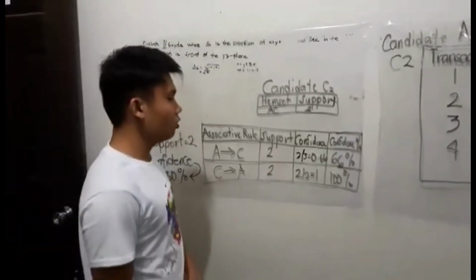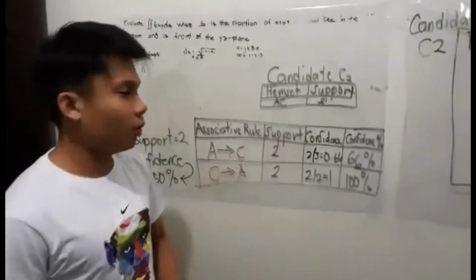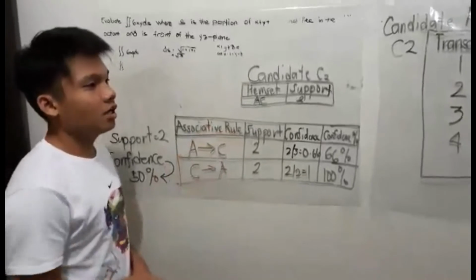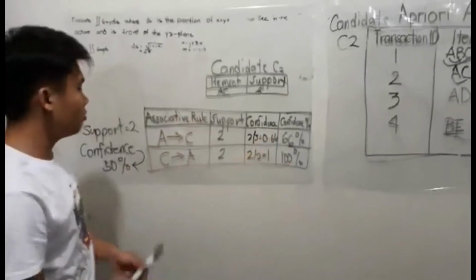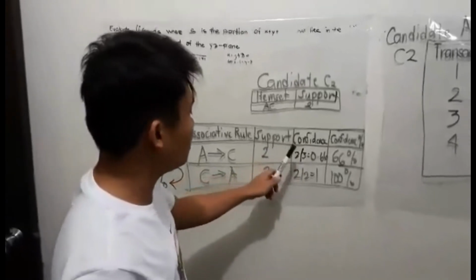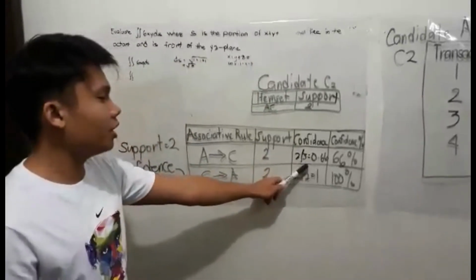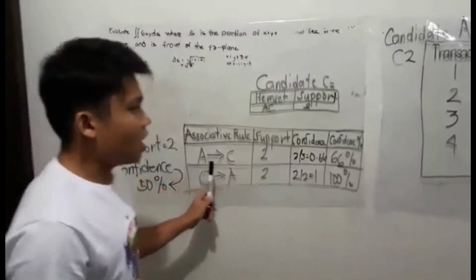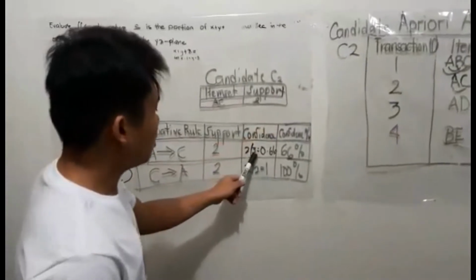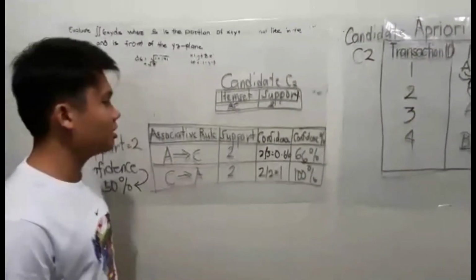Confidence is equivalent to the support over the number of appearances in the item set earlier. As we can see, for this the confidence is equivalent to the support of 2 over 3, because A was repeated 3 times in that item set, which is equivalent to 0.66.